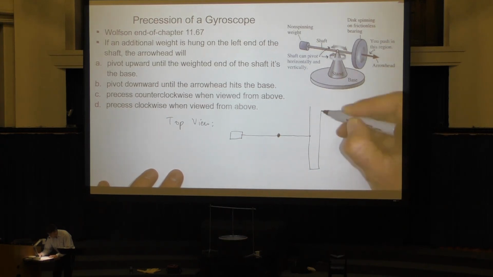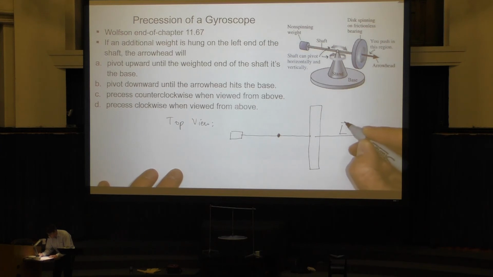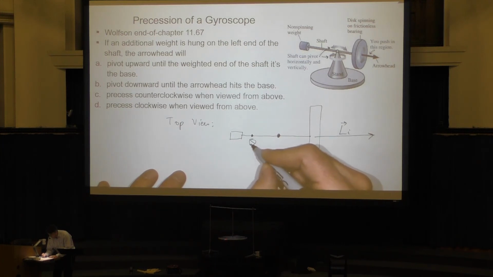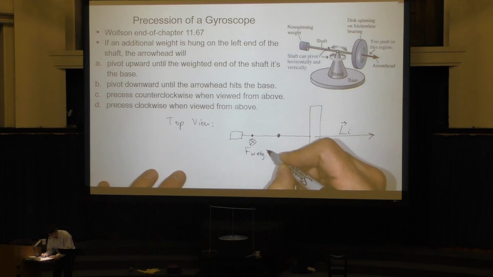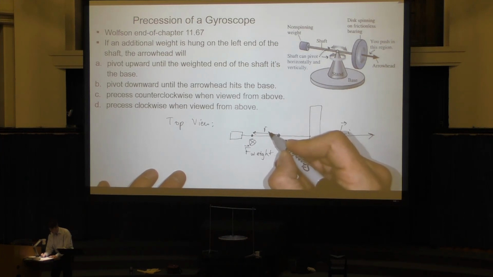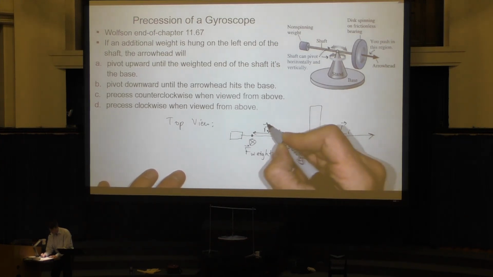Here's that big spinning disc. So you have angular momentum of the system, L initial, like that. And then you have into the page your F of the weight that you hang on there. And the R vector of the weight is now to the left.